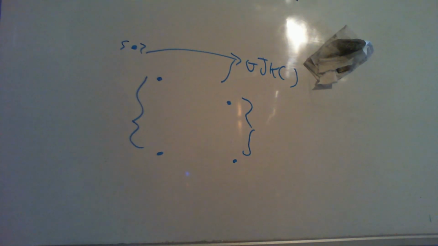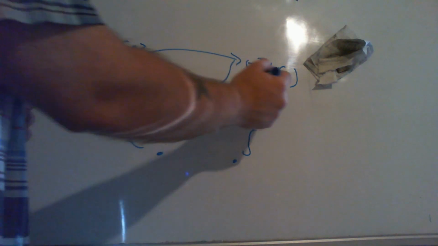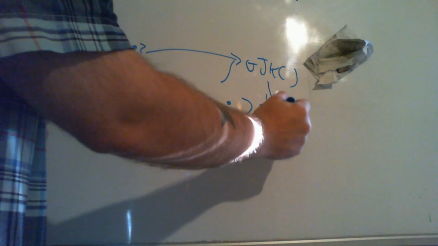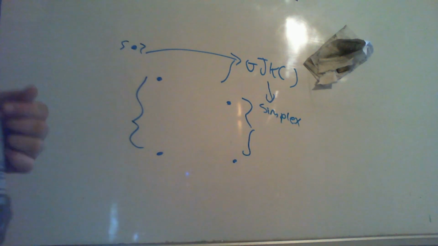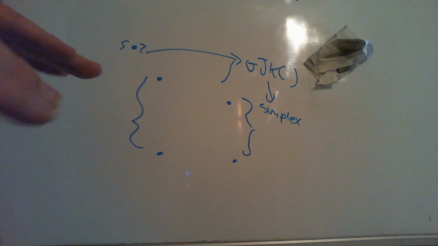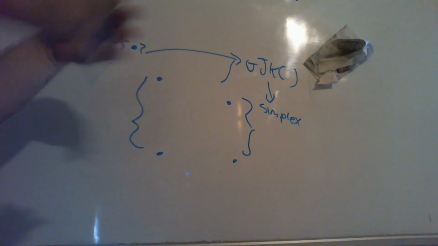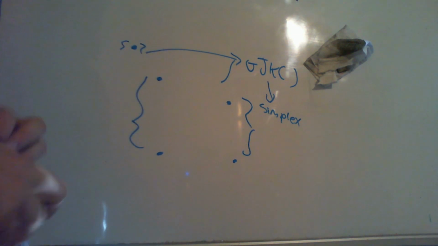And what that's going to do is give you back a simplex that represents the configuration space obstacle. And when I go into the video about GJK in depth, I'll talk more about this.